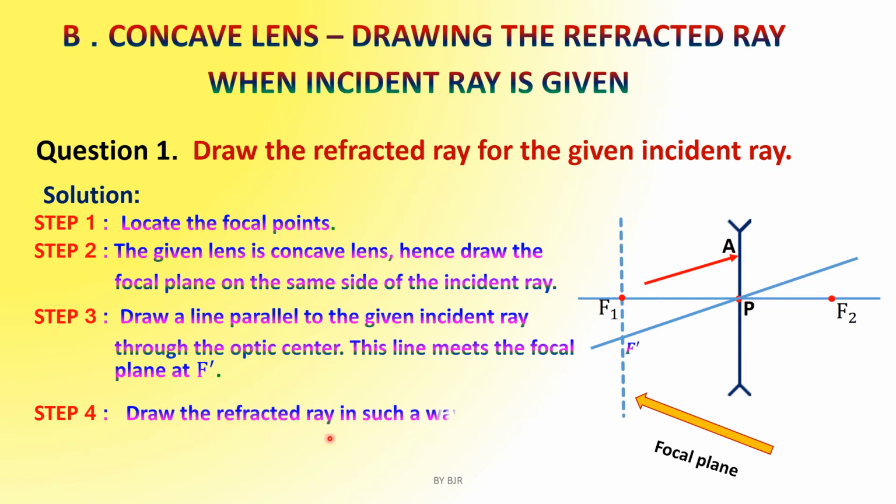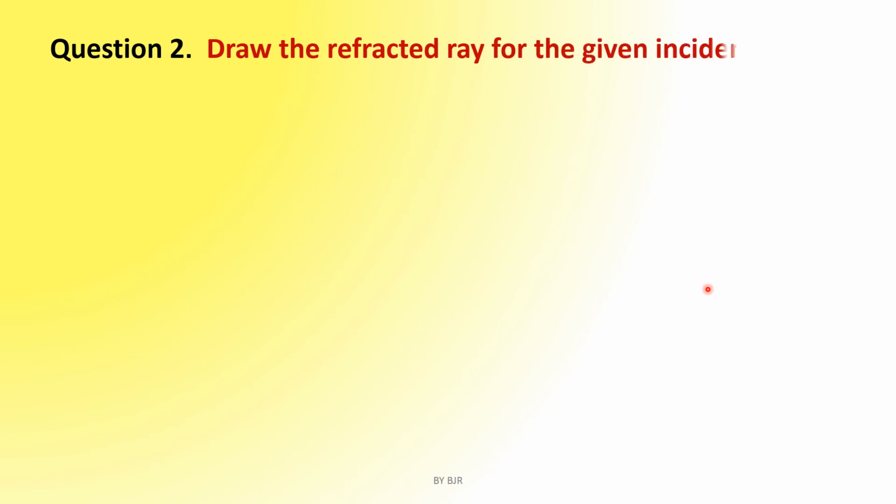See here how I am drawing it. This is the refracted ray. The dashed line is not the refracted ray. Now, let us follow the same procedure for the rest of the problems.